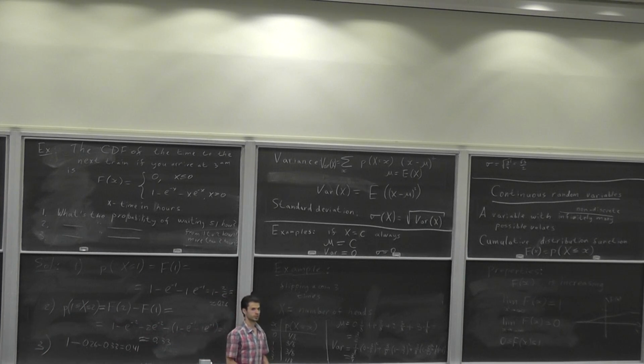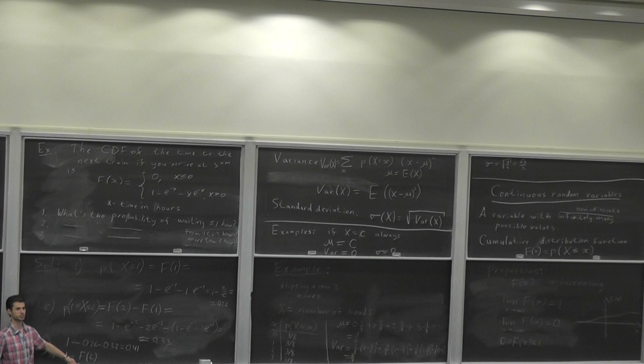So that's one solution. Another solution would be, well, what's the probability of waiting more than 2 hours? Well, I'll wait either more than 2 hours or less than 2 hours. Probability of waiting less than 2 hours is F of 2. So, alternatively, it can be written as 1 minus the probability of waiting less than 2 hours.